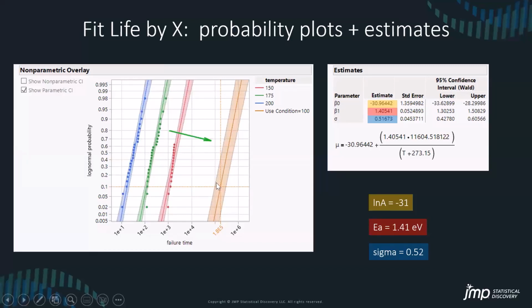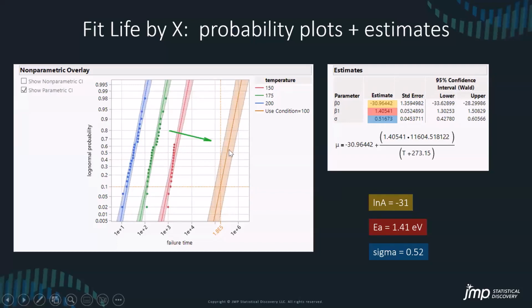I get that value from this output. Here's our intercept term, this is our log A or B0. This is our activation energy, 1.4 eV. And this is the shape factor. The shape factor is related to the slopes of these lines, and it is assumed to be constant across these different temperatures.